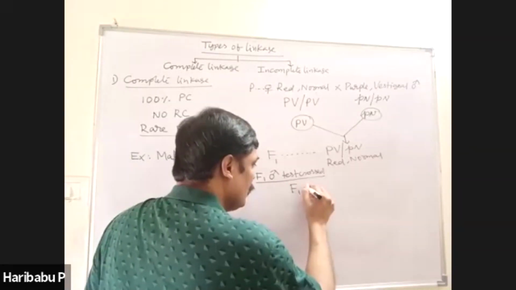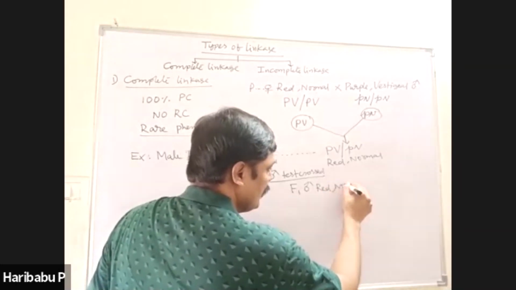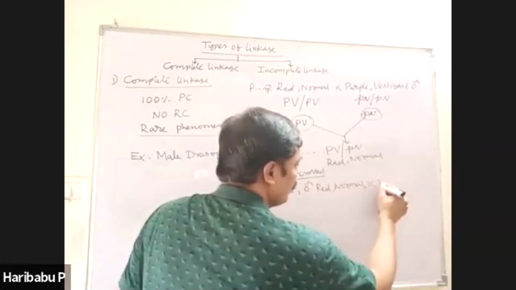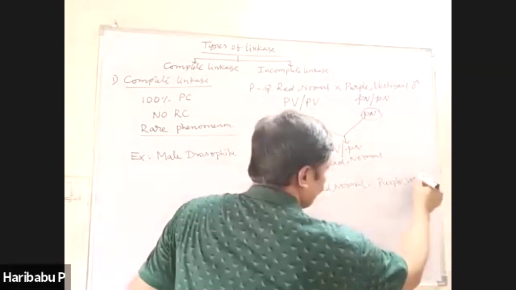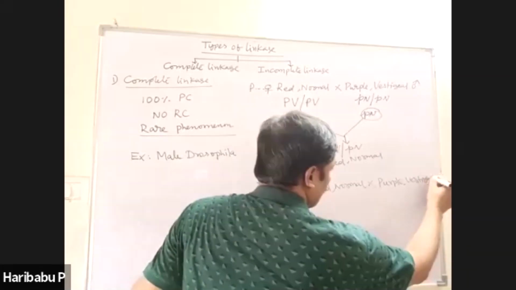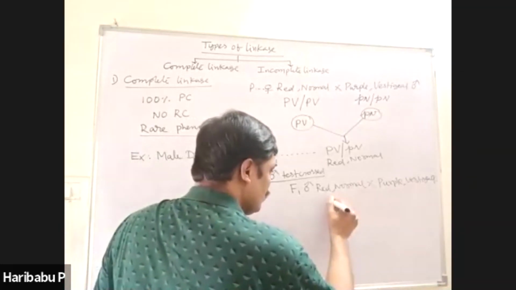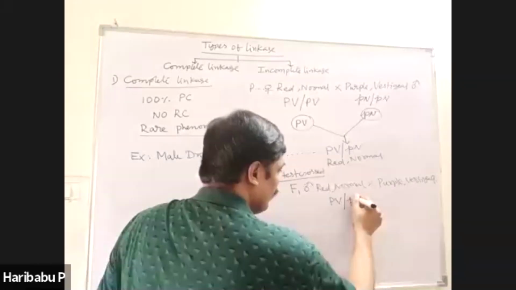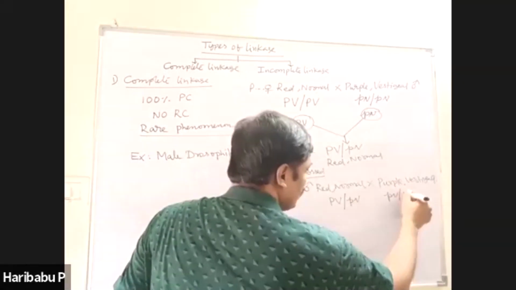F1 male red normal is test crossed with purple vestigial female. What is the genotype of this one? Capital P, capital V, small p, small v. Here, small p, small v, small p, small v.